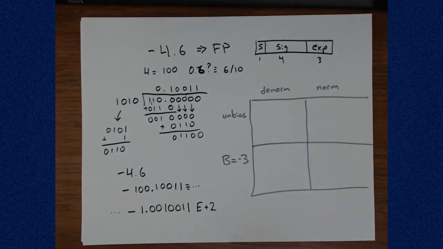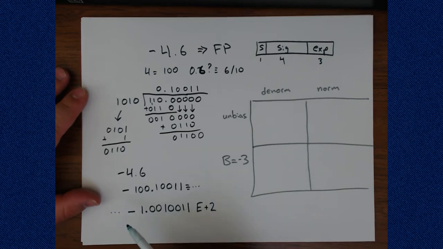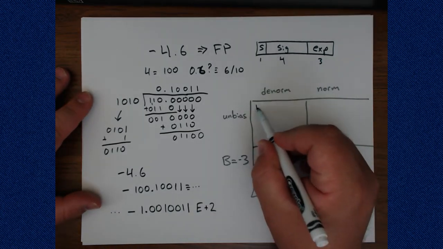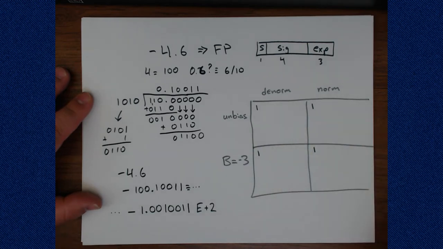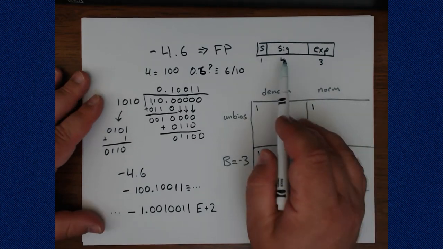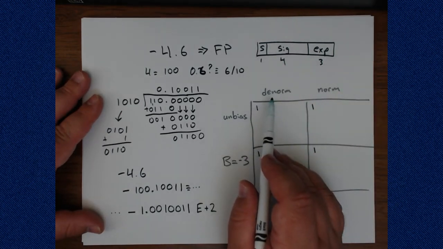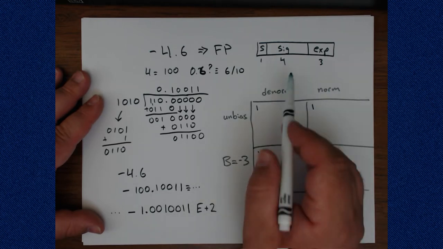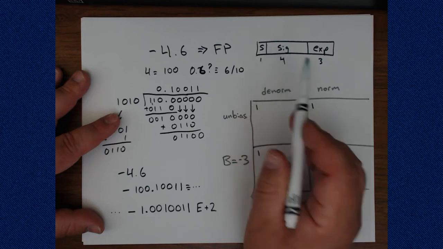The first thing we can do is address the simplest issue, and that's that the sign is negative. So each of these is going to have a 1 in the sign bit. 1, 1, 1, 1. All right, then we need the significand, but it can only be a 4-bit significand. In denormal, we assume that the 4-bit pattern will just have a radix point added after the highest of its bits.